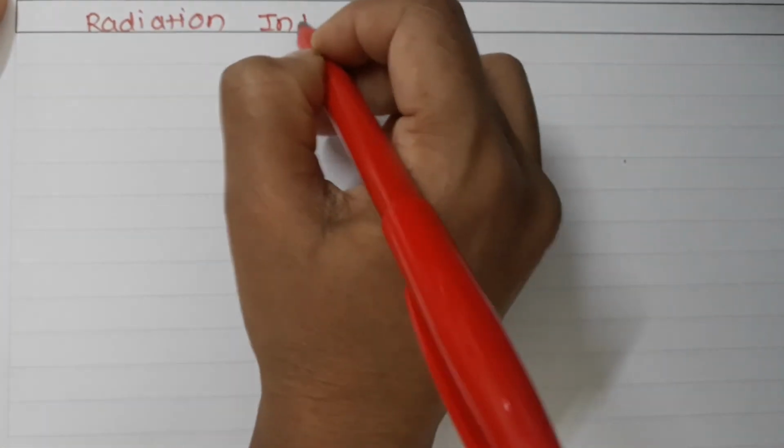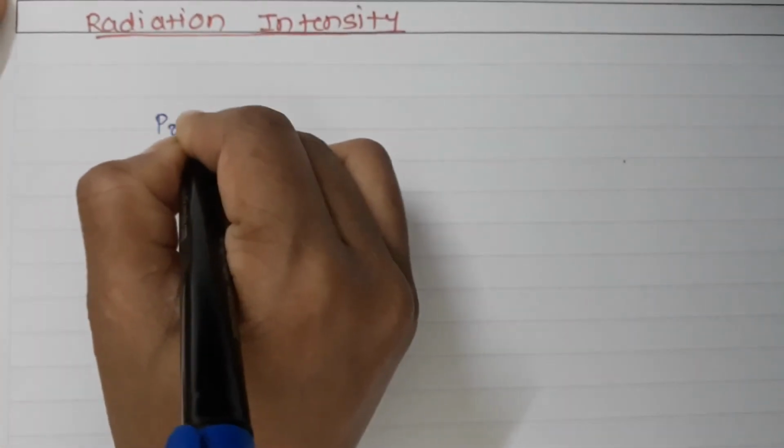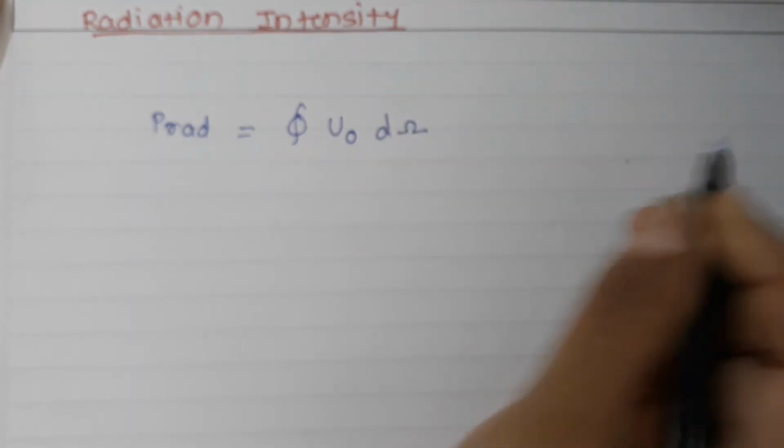The next thing which we are going to talk about is the radiation intensity. Radiation intensity is nothing but the power radiated per unit solid angle. As we have talked about the radiation density, how I'm going to calculate this will be P radiated equals U0 dOmega.